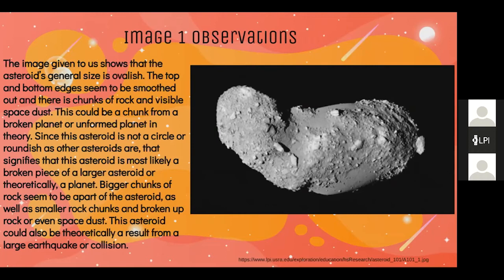Bigger chunks of the rock, like I said earlier, seem to be a part, but the smaller rocks are broken up, or there are just rocks that are not broken up, and then there's space dust. This could also be a result of a large planet quake or earthquake or collision, if that's possible.